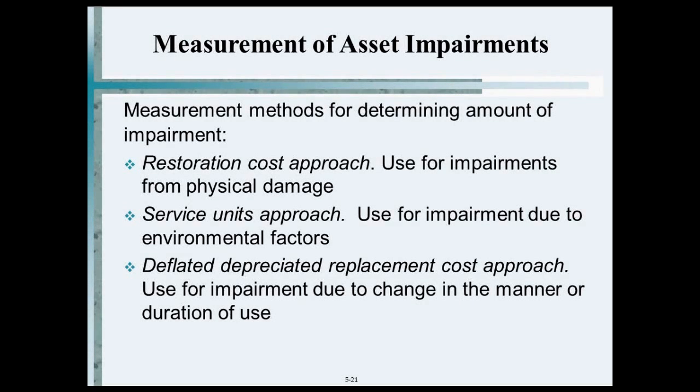Okay? Service unit approach. Due to environmental factors and deflated use of impairment due to change in the manner or duration of use. So what do you think of those 3 this one applies to? The last one itself. Okay.